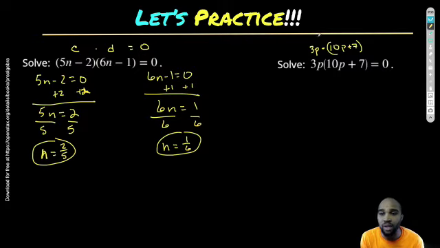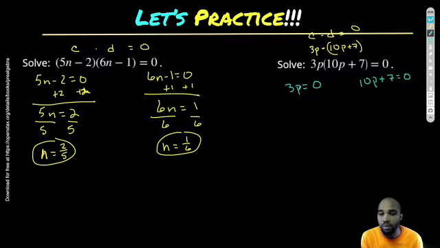So please see both of those factors. And so again, this zero product rule is true. I'm still going to call it C and D, just to have different variables, equals 0. That means one of these has to equal 0. So I can set 3p to equal 0, and I can set 10p plus 7 to equal 0 to find my solutions.